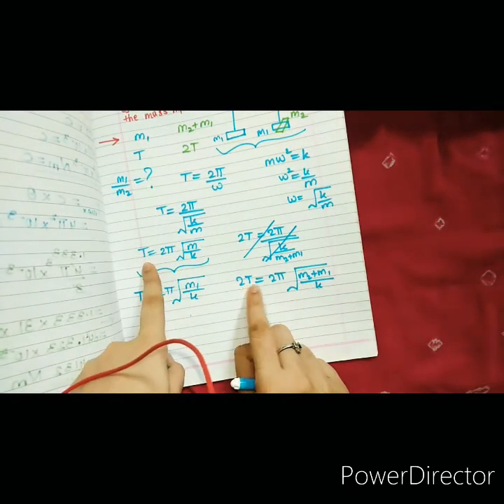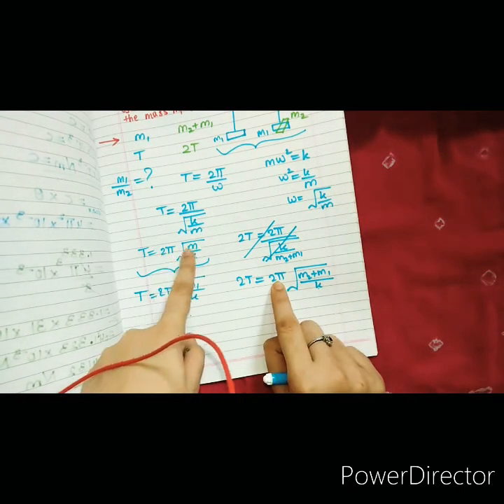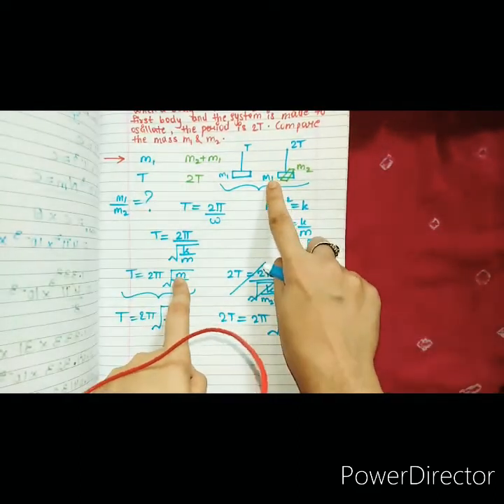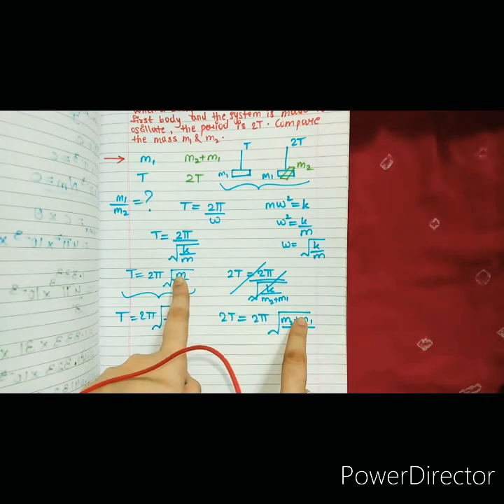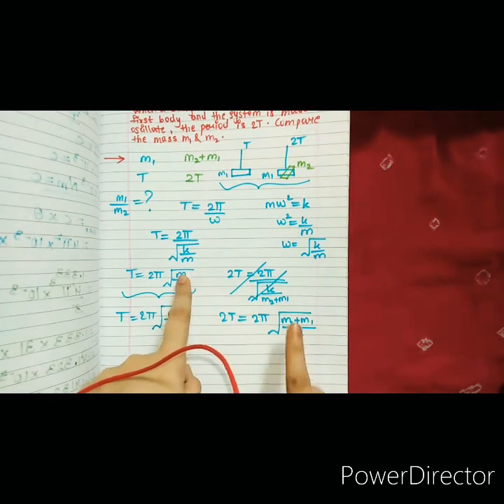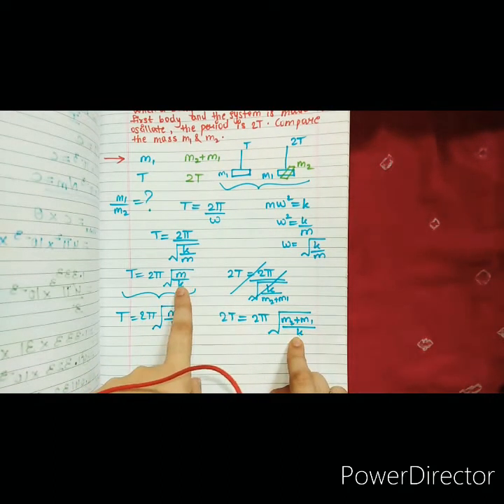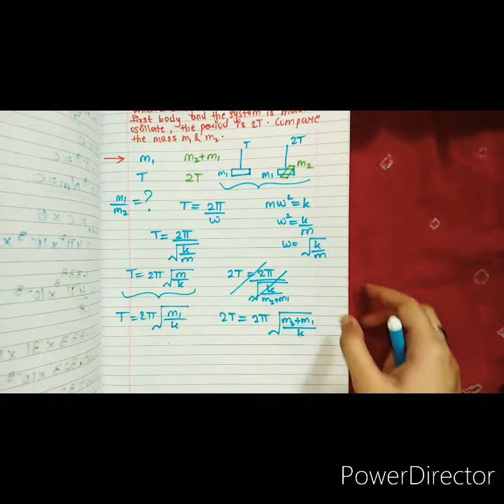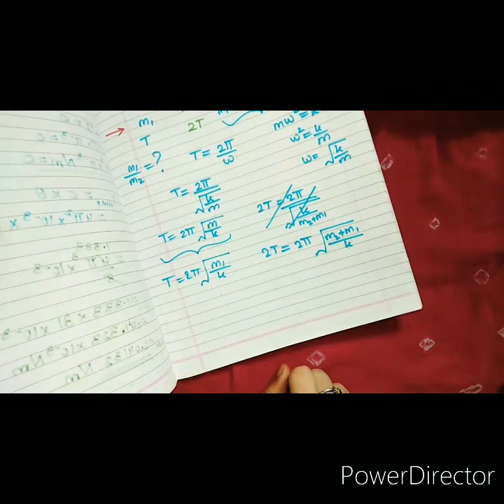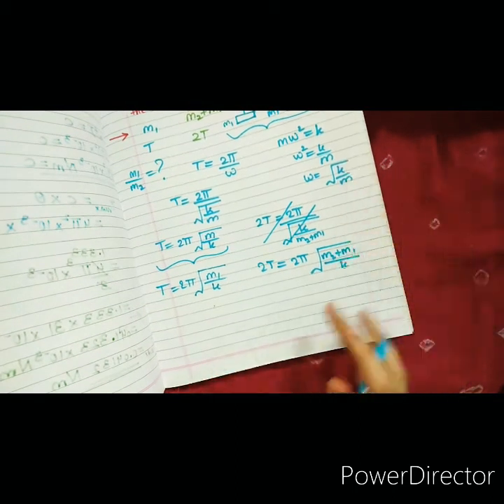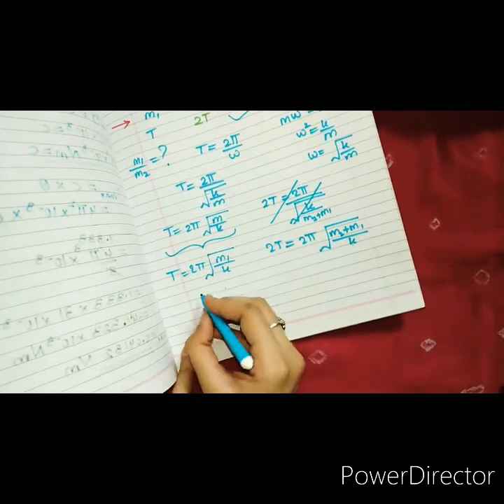Look at this. We have two masses, so I have written here two masses, m2 plus m1, and force constant as it is. Now you understood we have two equations from this general equation. Hope the things are easy for you now.